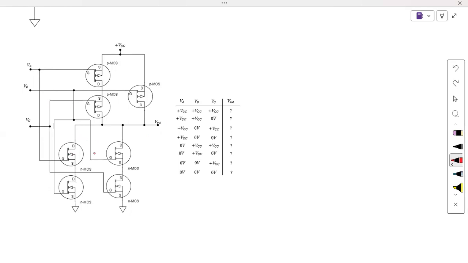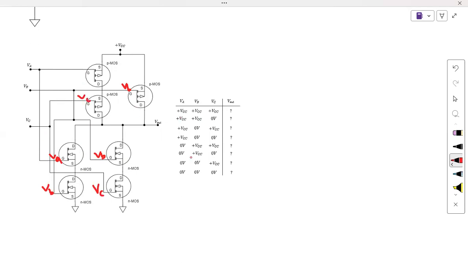So I like to write what actual voltage it associates with right next to the gate. So I know that these two are VB, and this one is going to be VA, and that means this one is VC. Along with this is VB, VA, and VC.